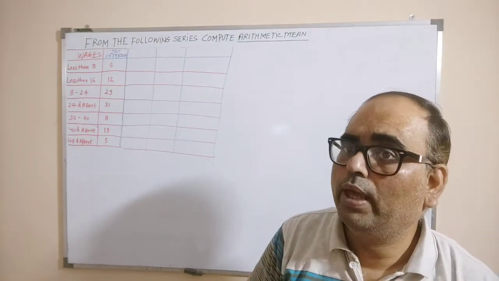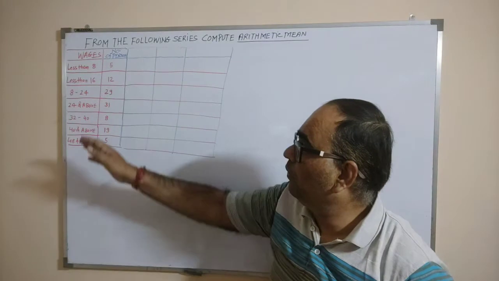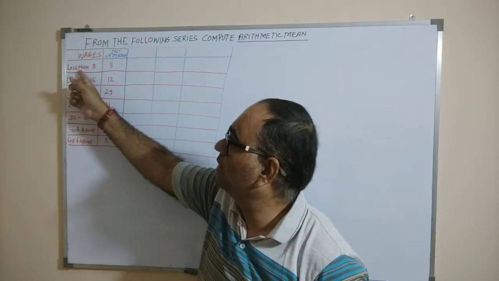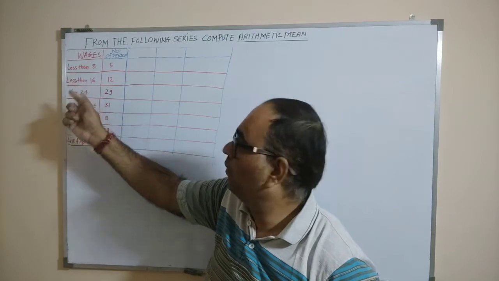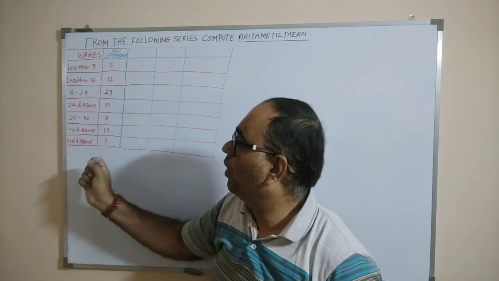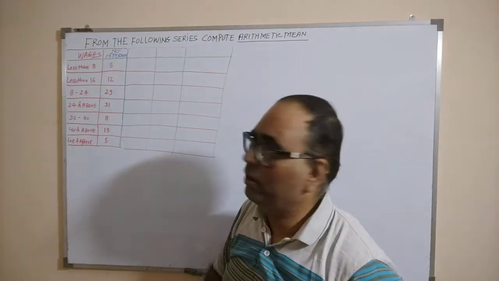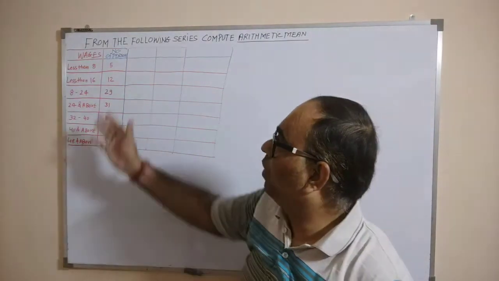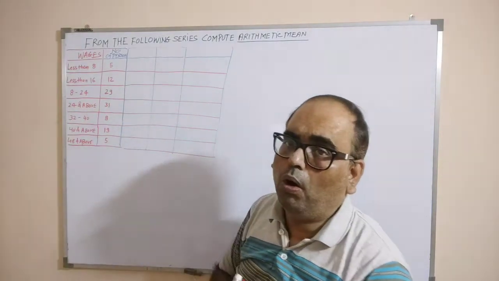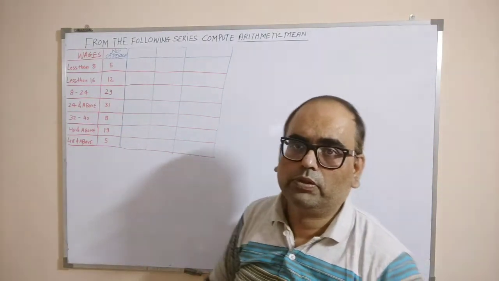How can we calculate it? By solving what value will come in place of less than, and what value will come in place of 24 and above, 40 and above, and by solving what will be the number of persons in front of all the class intervals. Let's start.